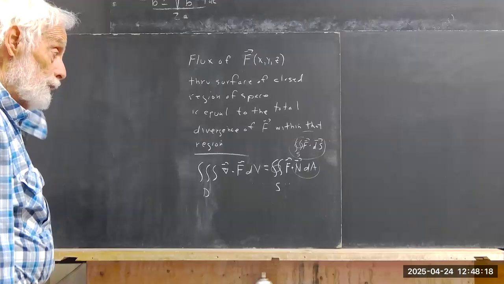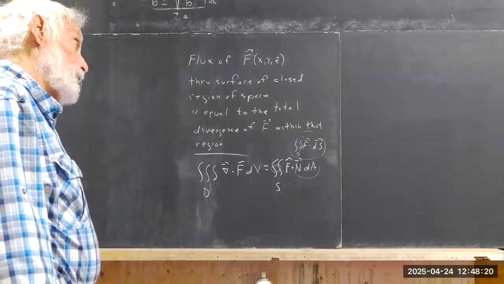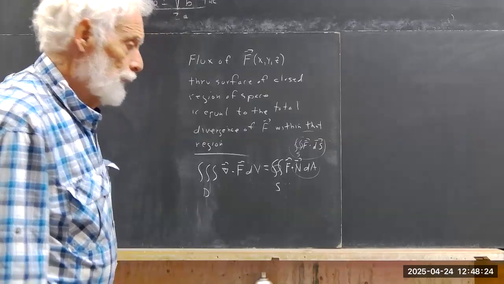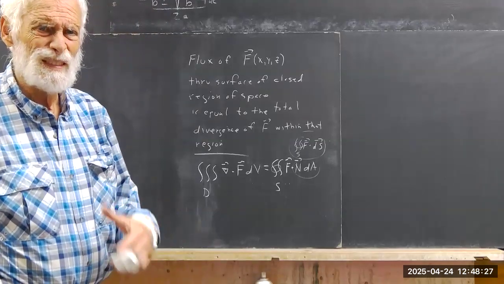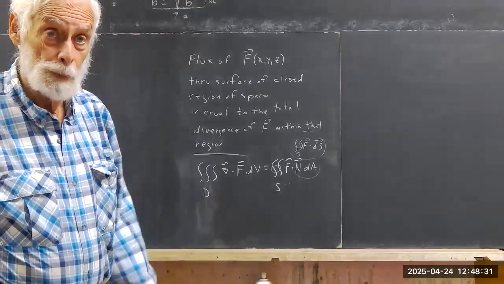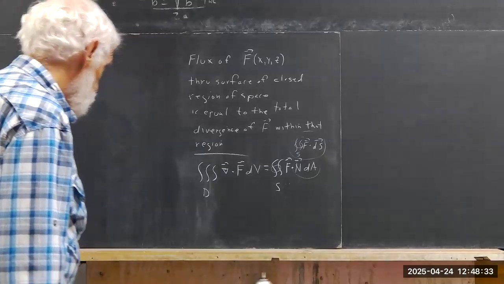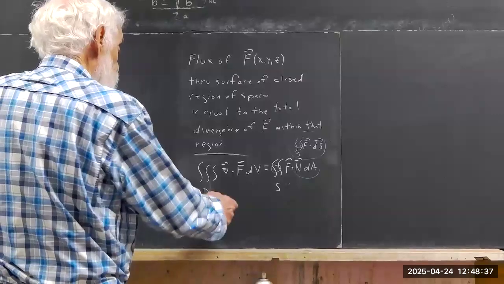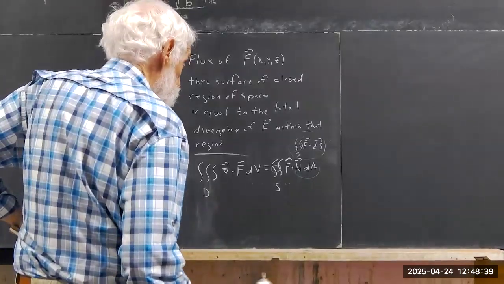Again, there are subtleties of orientation that I'm going to let you read about. We're not going to take too much time distinguishing them because they're fairly obvious within the context of the problems to be assigned. So that's the divergence theorem.